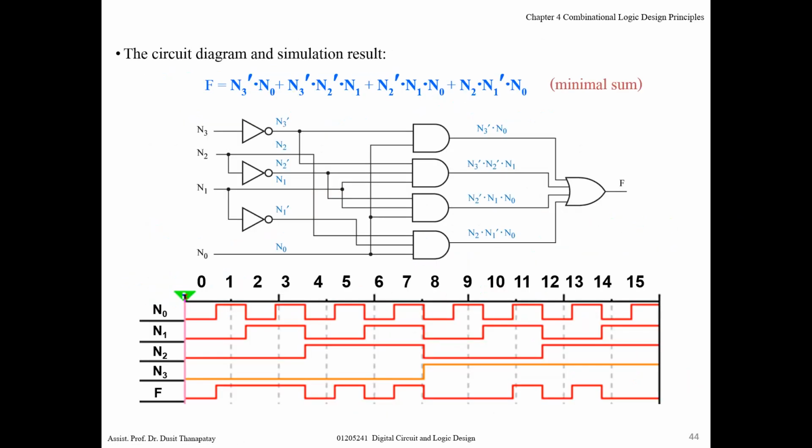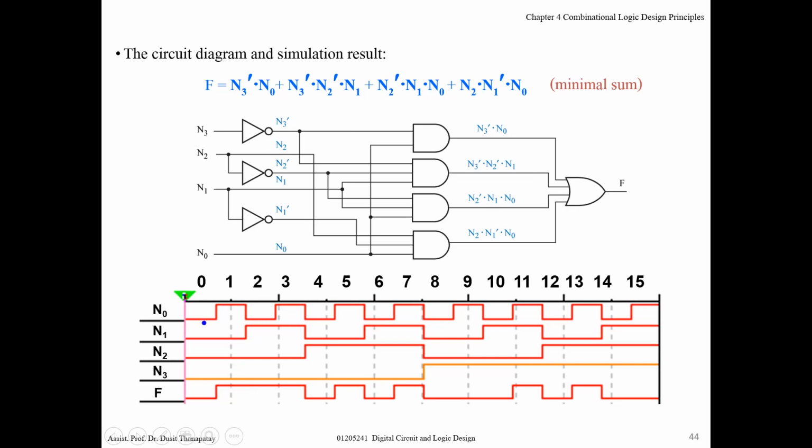Okay. After that, you can implement the circuit following this expression. Then you may apply inputs and test whether the output is what you want or not. For example, when I apply 0, 0, 0, 0, the output is 0. When I apply 0, 0, 0, 1, the output is 1.